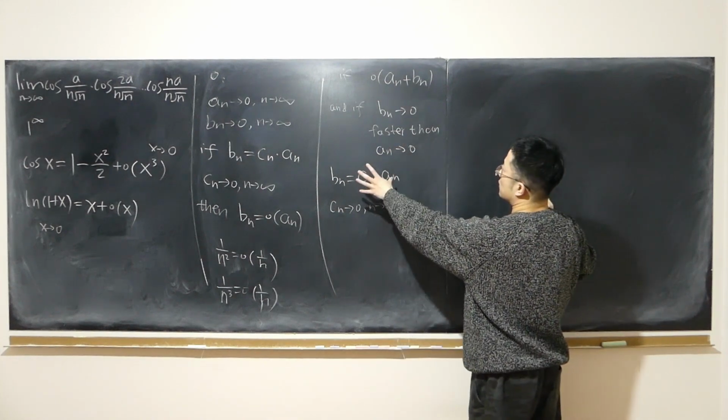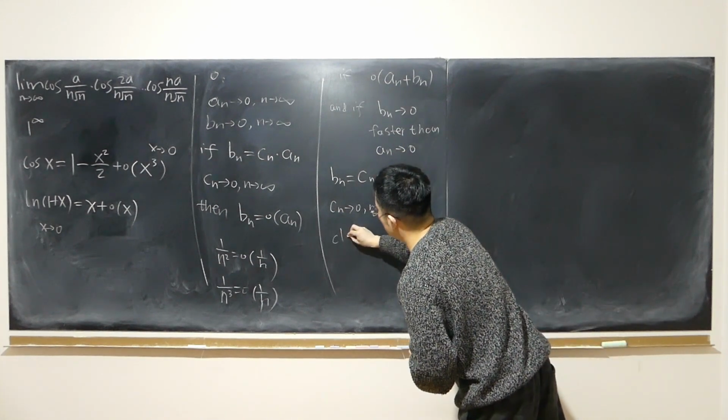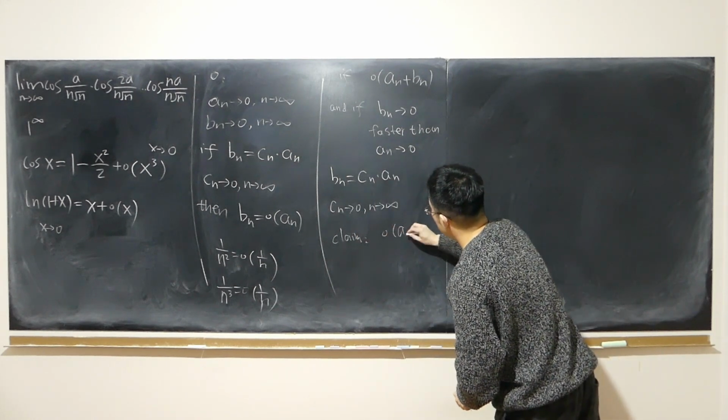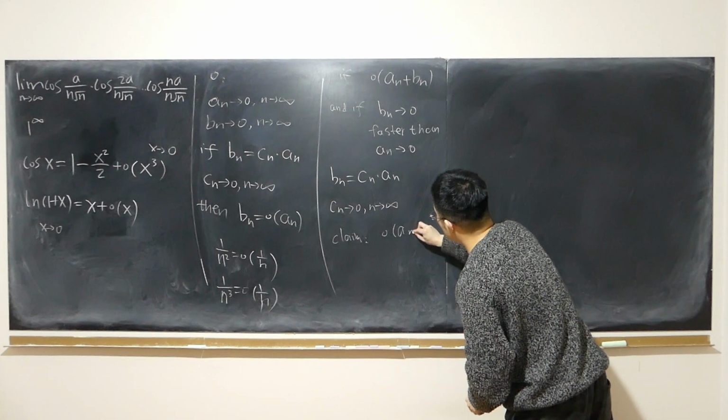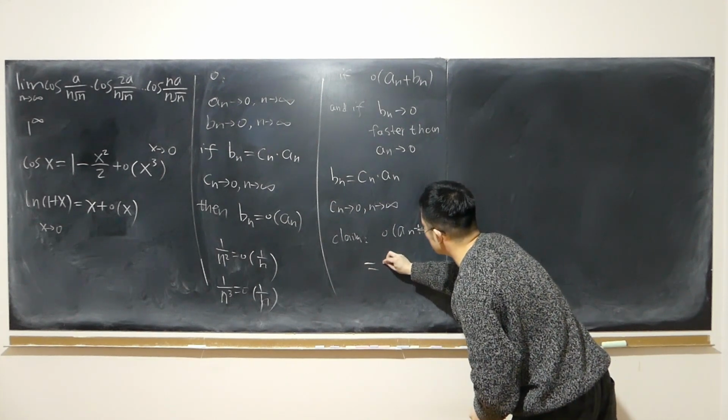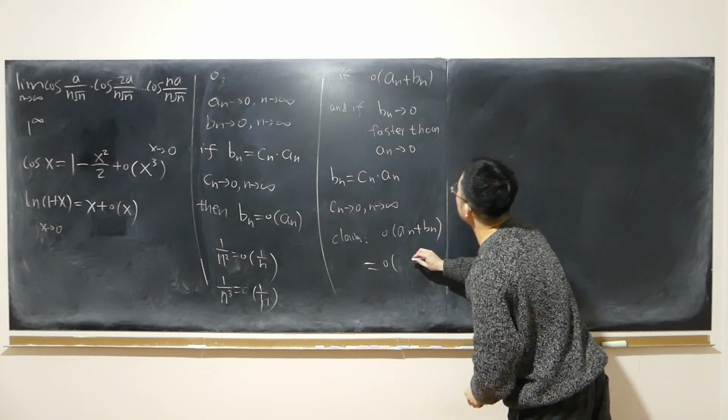If that's the case, then my claim is that little o of an plus bn can always be written as little o of the slower guy. That's an.